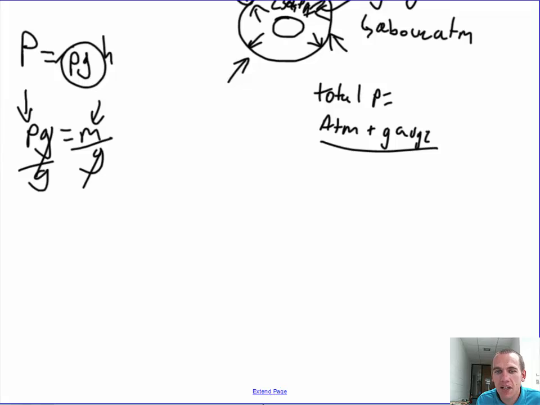Now when I say you've got to be careful with your units, I believe that you had units on your slope. If you were measuring the pressure in kilopascals and the height in centimeters, then this is your unit, which is a really weird unit. Remember, a Pascal is a Newton per square meter.